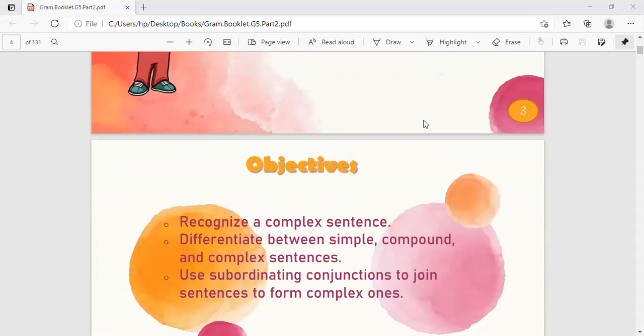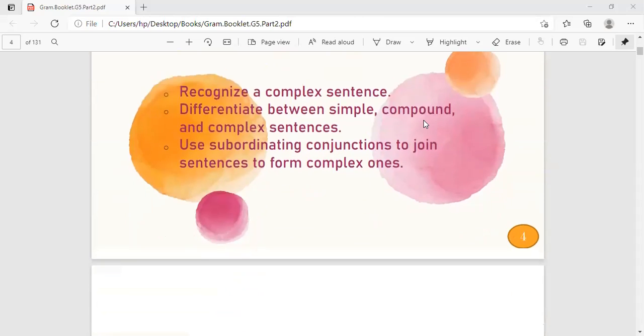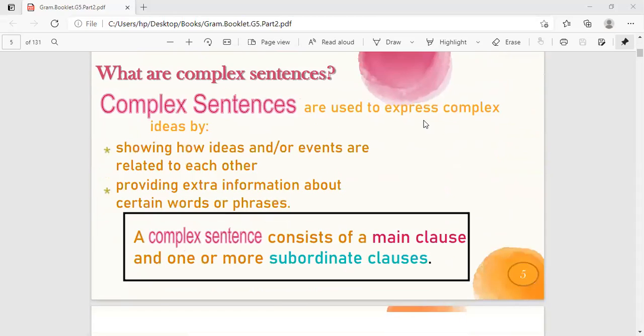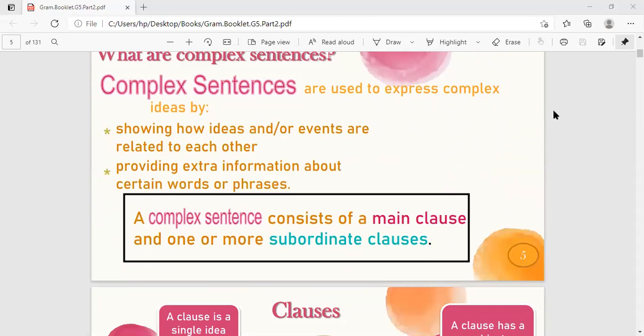Sometimes it contains a complete idea, so we consider it a complete sentence, but sometimes it doesn't contain a complete idea, it's missing something, so we do not consider it a complete sentence, but we call it a clause. And as Hala said, independent and dependent clauses. These are the two types of clauses that I find in the complex sentence.